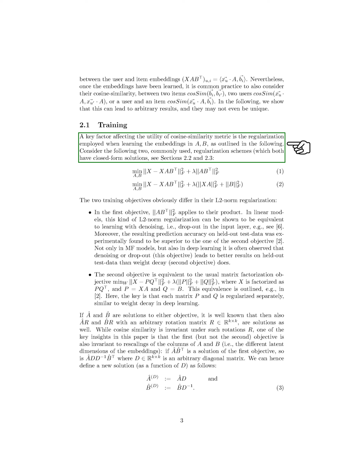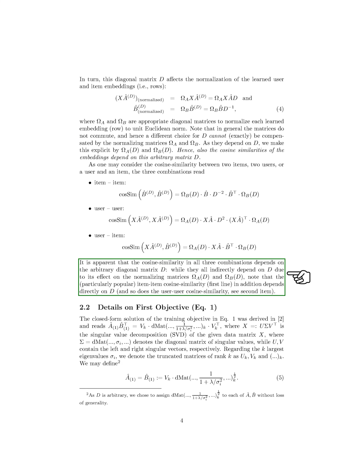The first scheme, which involves regularization on the product of the matrices, has been found to perform better in terms of prediction accuracy compared to the second scheme. Additionally, the first scheme is invariant to certain transformations, leading to unique solutions. Overall, our analysis highlights the importance of considering the impact of regularization techniques on the utility of cosine similarity in measuring similarity between learned embeddings.